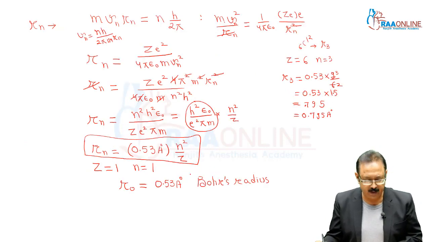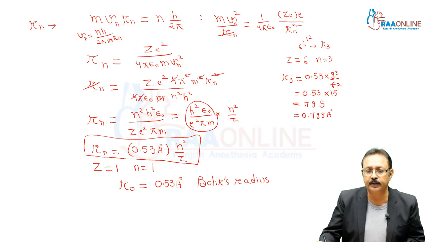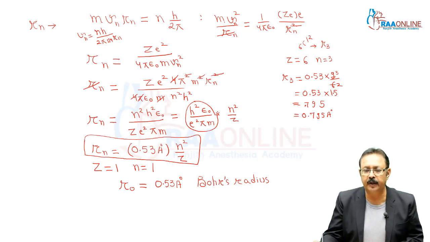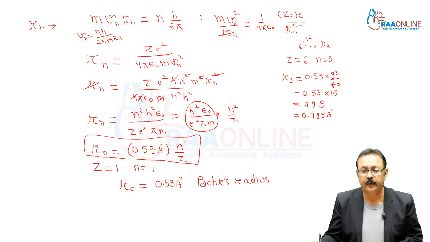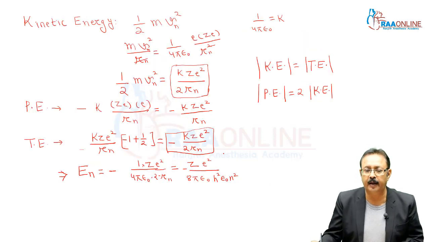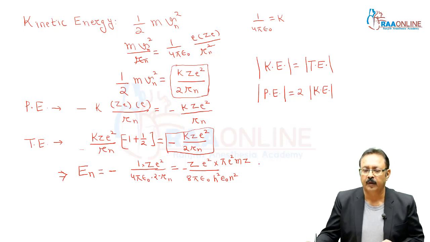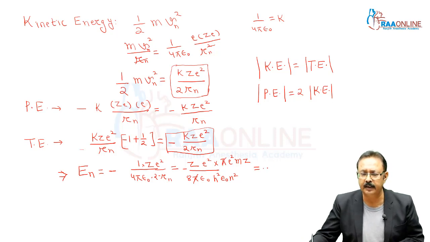What is the value of Rn? It was h square epsilon naught n square divided by pi e square mz. So remove z and n.